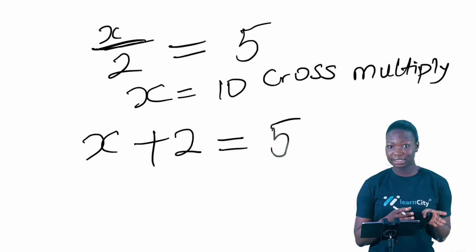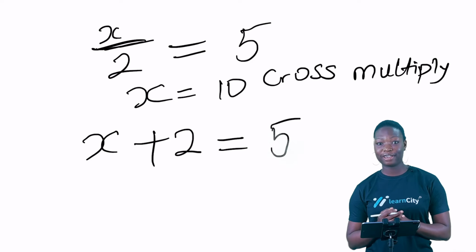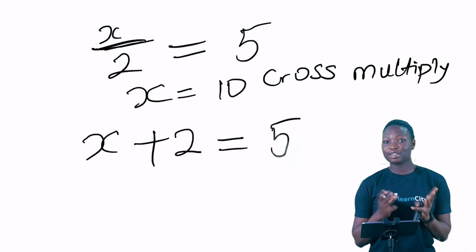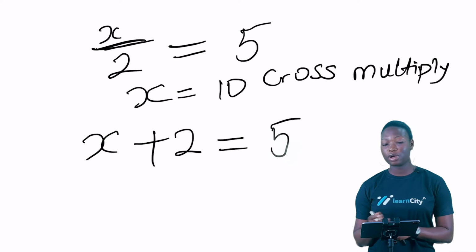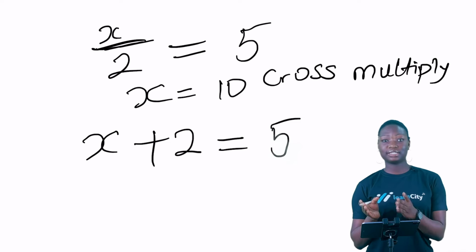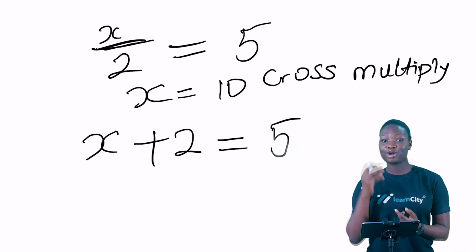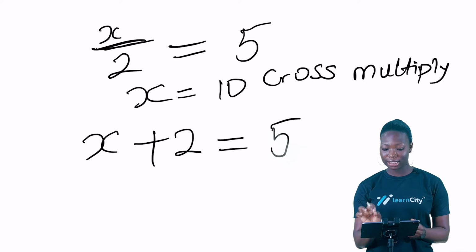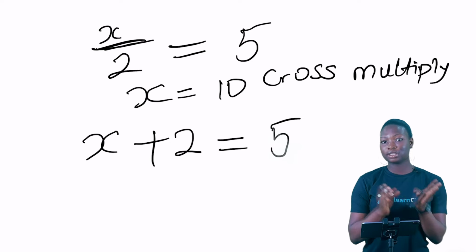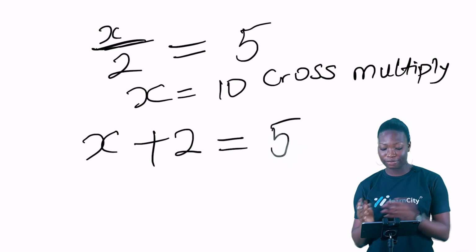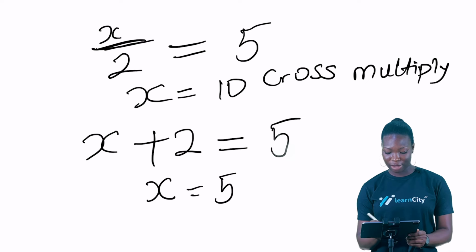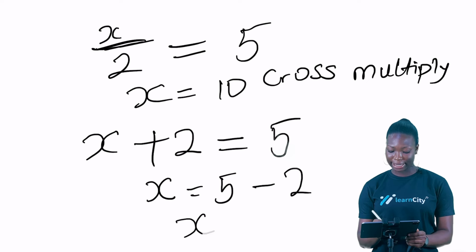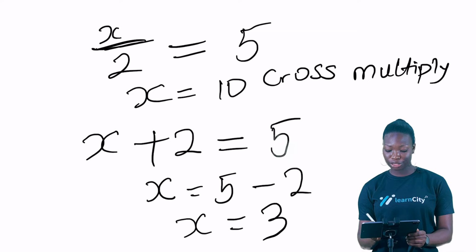We have x, we have 2, and we have 5. Now, x is not the same thing as 2, and x is not the same thing as 5, whereas 5 is the same kind of thing as 2. Why? Because they are whole numbers. Now, we'll bring 2 to the other side of 5, which in turn gives us x equals 5 minus 2, and x equals 3.